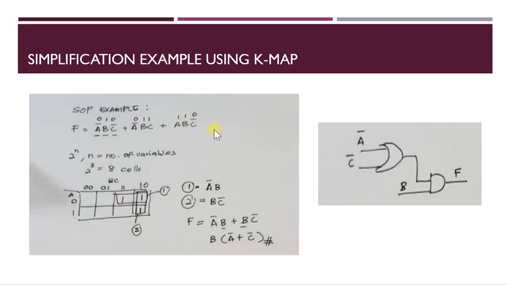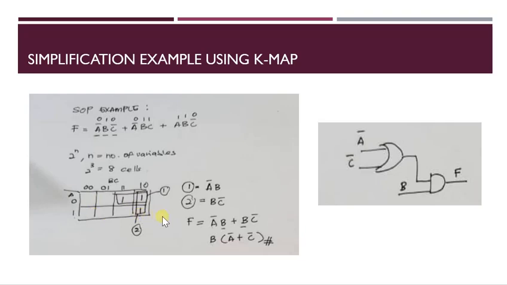And the third product term is 1, 1, 0. We analyze back the table and we find the correct cell, 1, 1, 0. So another map should be inside this cell, right? So we have 1, 2, 3 mappings inside the cell.